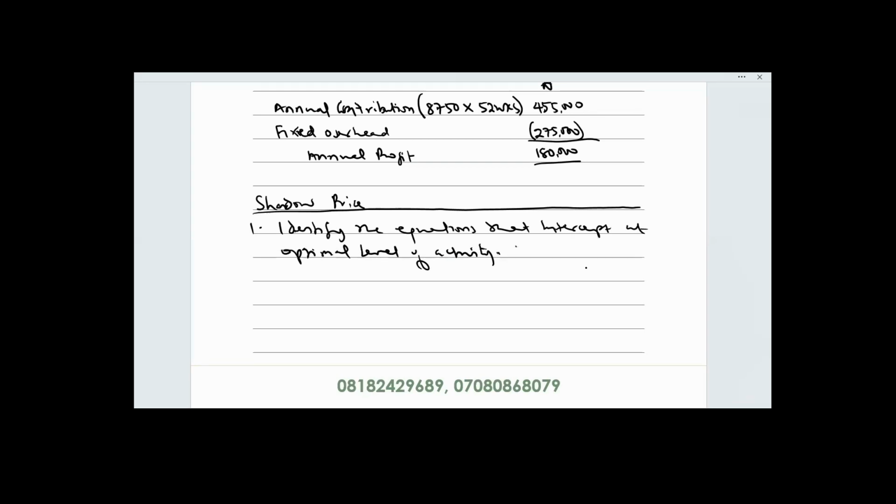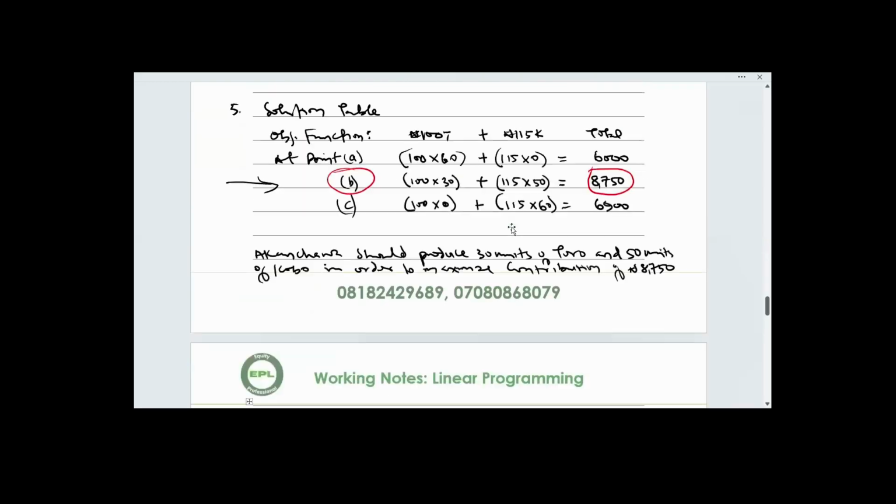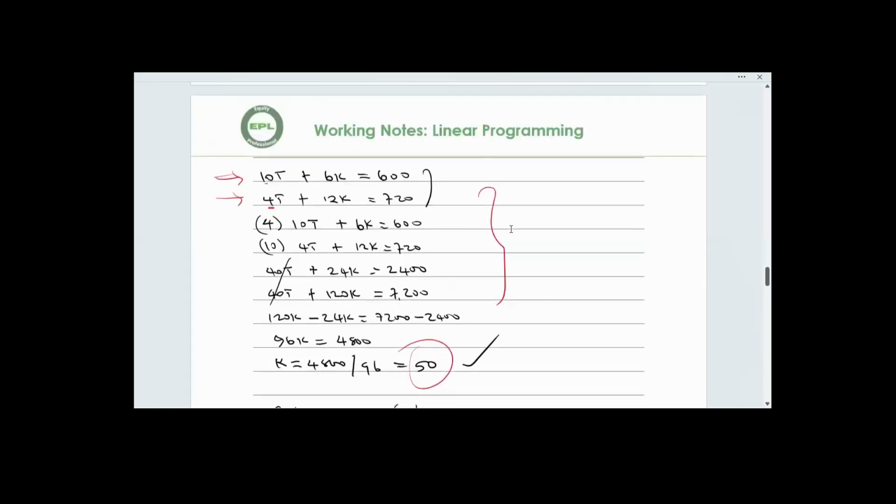Step one. So I can then say since point B above is the optimal level of activity, the equations are, we have equation 10t at that point B. At that point B, the equation is 10t plus 6k equal to 600, 4t plus 12k equal to 720.